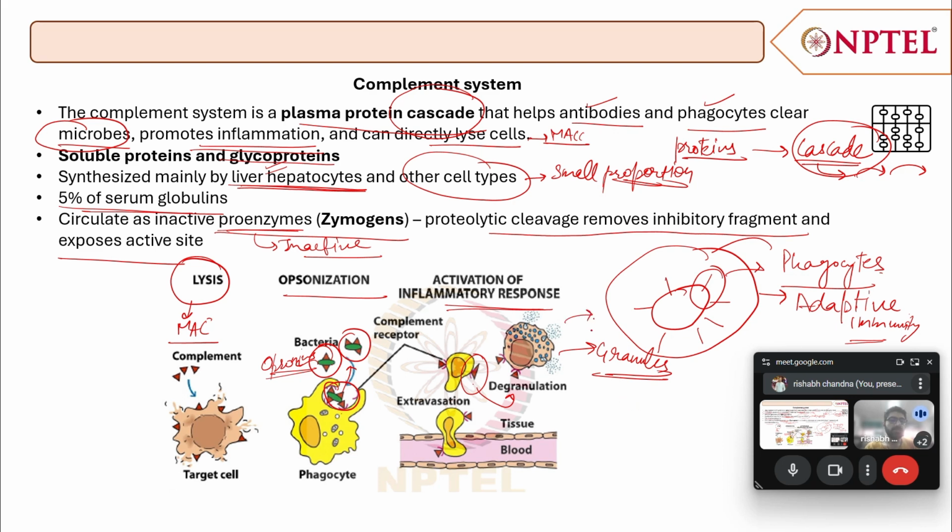That leads to the release of histamine and serotonin, which leads to inflammation. So these are the three major functions of the complement system: lysis, opsonization, and the activation of the inflammatory response. Okay, so any doubts in this particular slide?